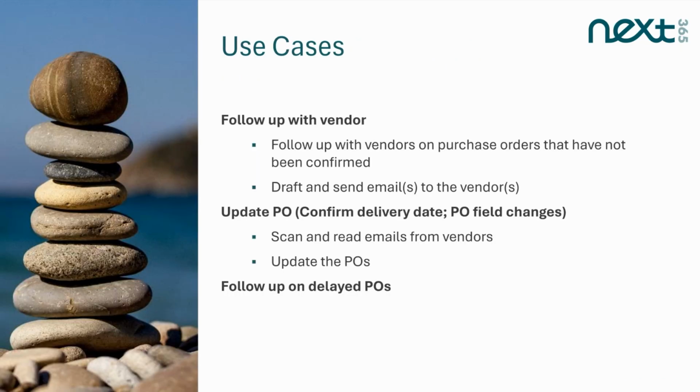So let's talk about the use cases. We talk about how the AI can replace those human touch points. So what does that mean exactly? For the outbound communication, the emails that go out to the vendors, instead of us having the human user comb through the data on the screen by going in the application, generating some sort of report, or doing an inquiry of your 365 app to identify what purchase orders need follow-up, the agent can identify the vendors that haven't confirmed the purchase orders that we need updates on.